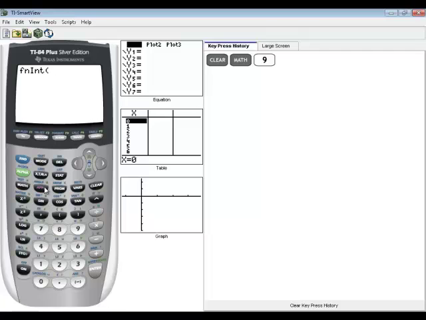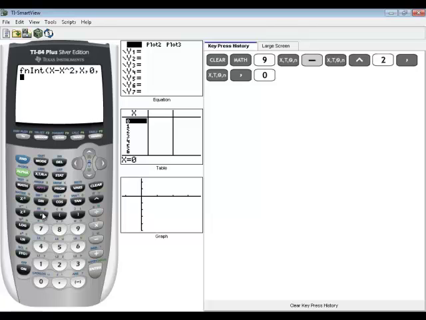So we put in the function x minus x to the second power, followed by a comma, and then x, which lets the calculator know that we are integrating with respect to the variable x, followed by another comma, and then we input the bounds of integration. The lower bound is 0. We will follow that by a comma, and then enter the upper bound of integration, which is 1. Close your parentheses, and then hit enter.